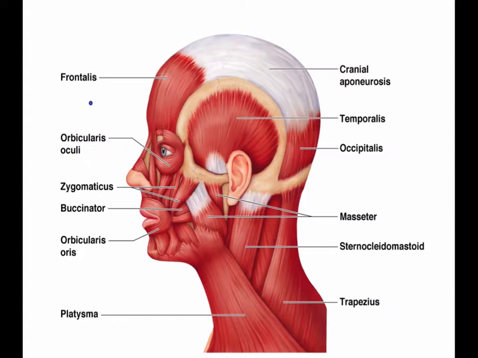So before we get started, I do have a skeletal muscle notes sheet. You don't have to use it, but it is a table, sort of like the kind that I gave you for memorizing all of the tissues, but it basically goes through each of the muscles. There's its own little table for each of them.